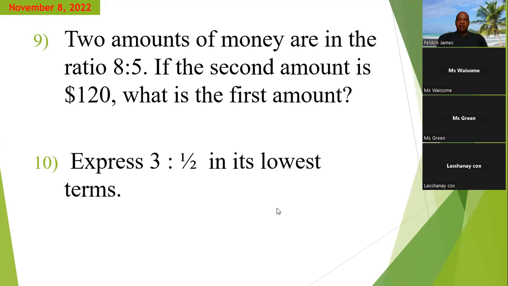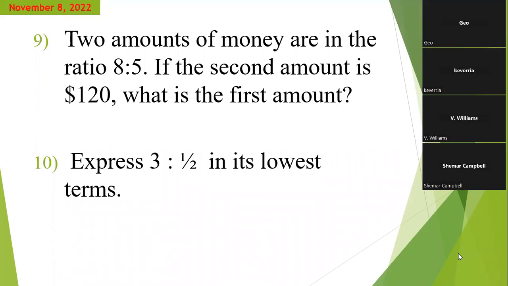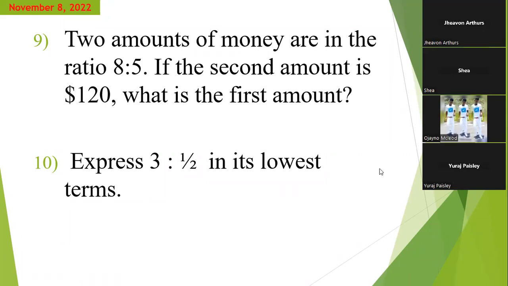All right, so do we have anyone who already completed question 9 and would like to walk us through question 9? Or should I just call on someone? Miss Green, are you there? Yes, sir, I'm here. You want to try this one? Well, not quite finished as yet, sir, but I can start. All right, let me ask someone else.